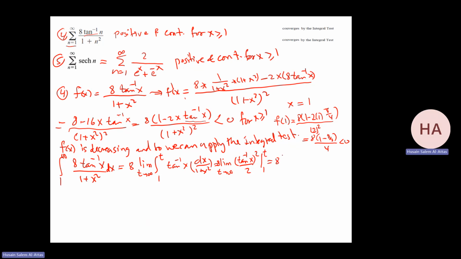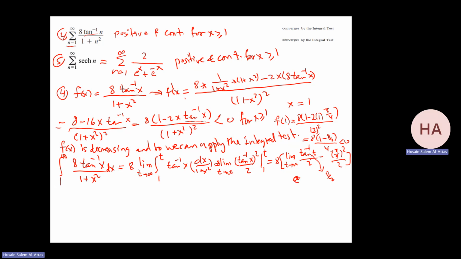That will be 8 limit t goes to infinity of tan inverse of t squared over 2 minus tan inverse of 1, which is pi over 4, squared over 2. The most important is this one: as t goes to infinity, this goes to pi over 2. And this is known about tan inverse. So I'm getting a value.